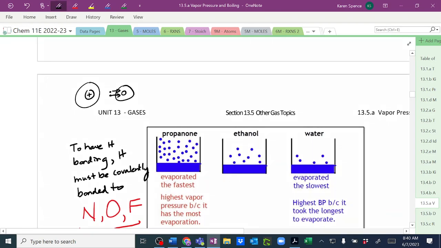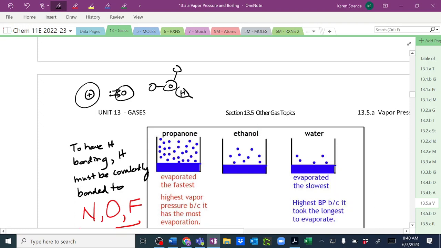Because it is so small, the other particles can get really close to it. So if we have the hydrogen here, because the hydrogen is so small, another oxygen molecule could get really close to it. Does that make sense?